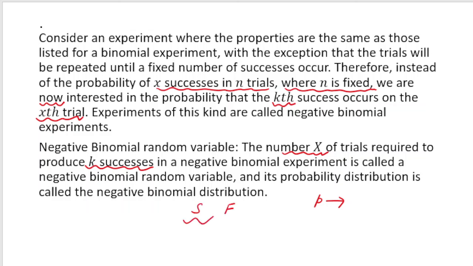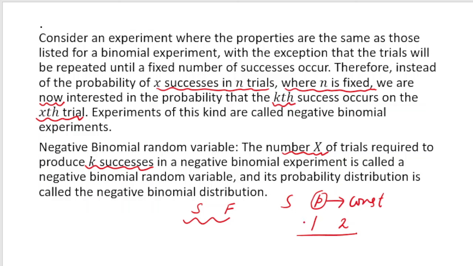So here also this will be the same situation, that every trial will be either a success or a failure. Second was that the probability of success in each trial is constant. So p is constant in each trial. And third one was that the trials are independent of each other, meaning the outcome in the first trial will not affect the outcome in the second trial.